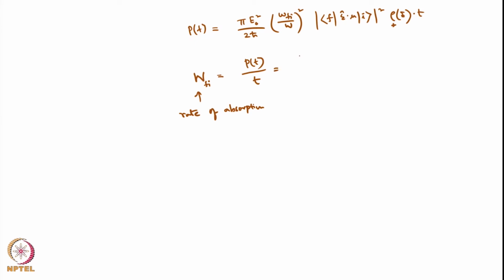So, that is pi epsilon naught by 2 h bar, omega Fi by omega square, modulus epsilon naught I square rho.